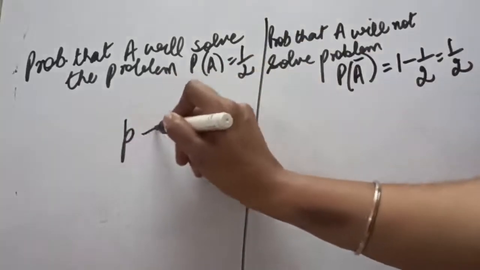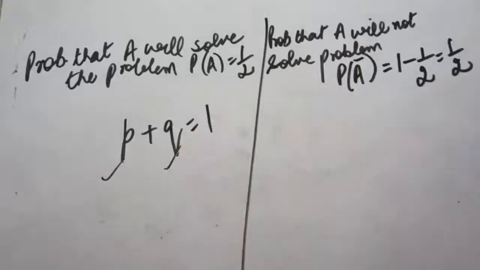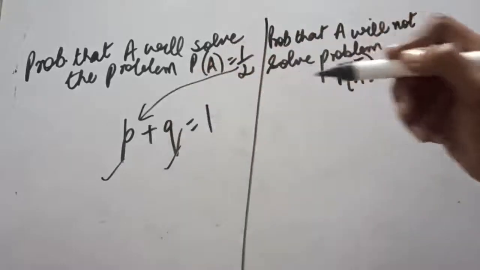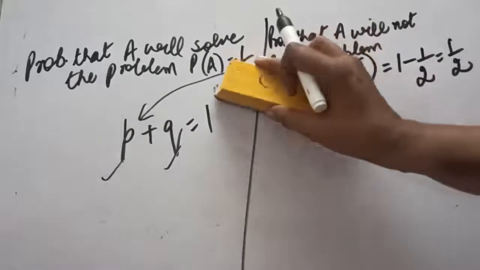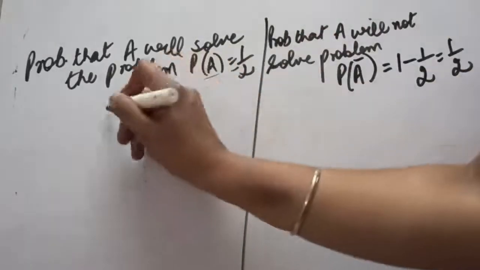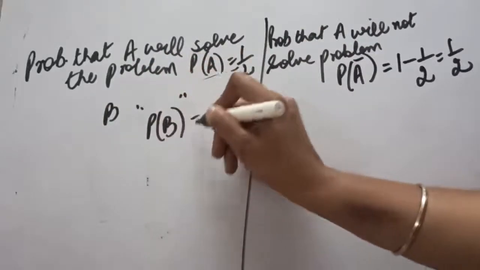Where did this 1 come from? If you remember, in the first video we did this: probability of success plus probability of failure is always equal to 1. So the probability of success is half, and Q, that is not solving the problem, will be 1 minus 1 upon 2. Likewise, the probability that B will solve the problem was given in the question, that is PB equal to 1 upon 3.